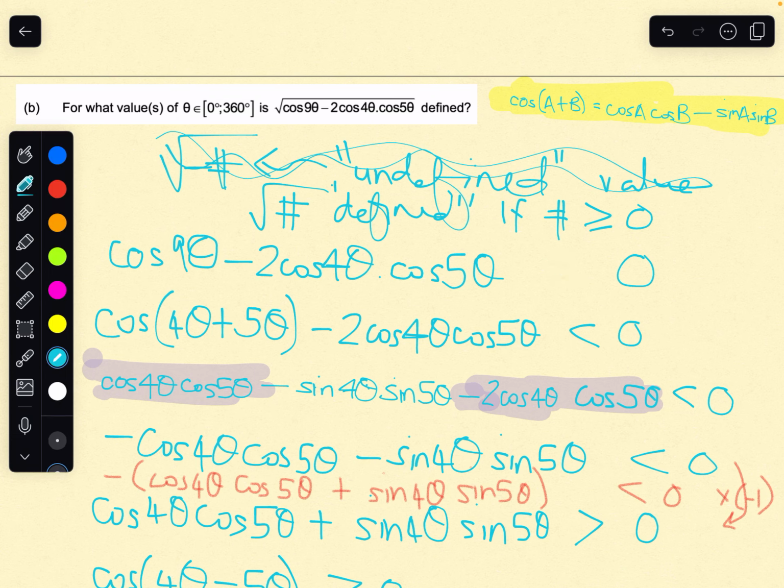So we're solving for when this expression will be greater than or equal to 0. So then that's going to change everything.